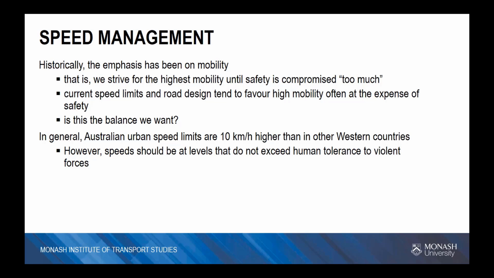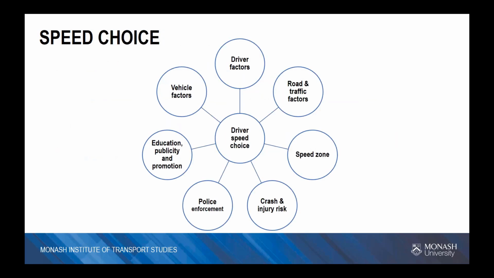However, in line with safe system thinking, speeds should be at a level that do not exceed human tolerance to violent forces. So clearly, while we have a national strategy for road safety, we do not necessarily have complete compliance, reflecting the trade-off that is made in our road design system.